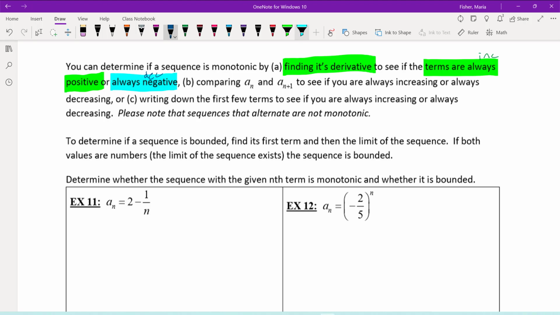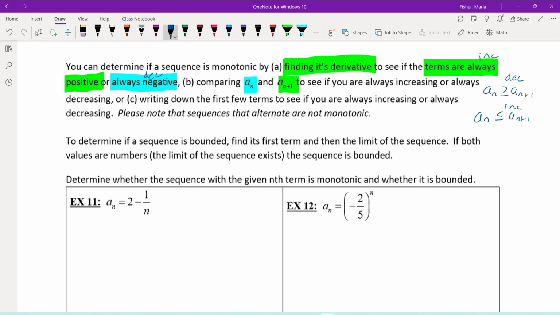Another way to determine if you're monotonic is to compare a sub n and a sub n plus 1. If a sub n is greater than or equal to a sub n plus 1, if the one before is always greater, this would mean that you are decreasing. And if a sub n is less than or equal to a sub n plus 1, this means you are increasing.